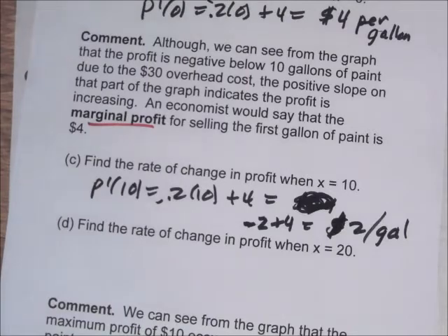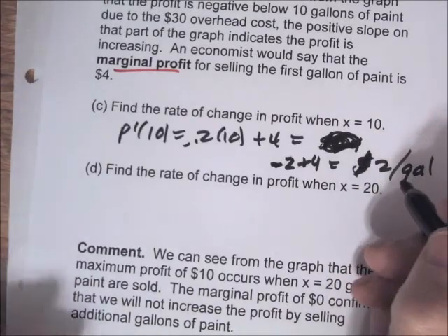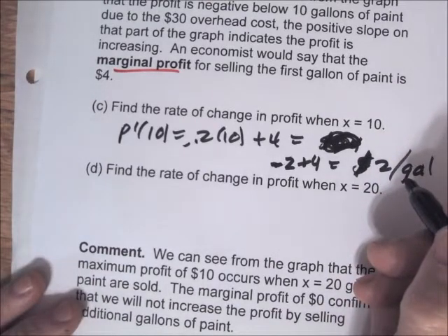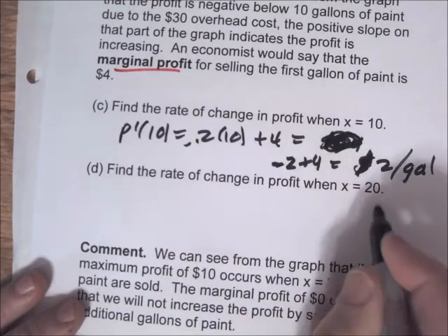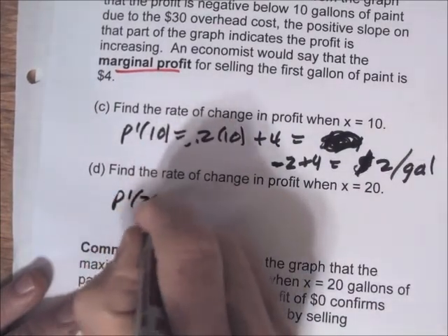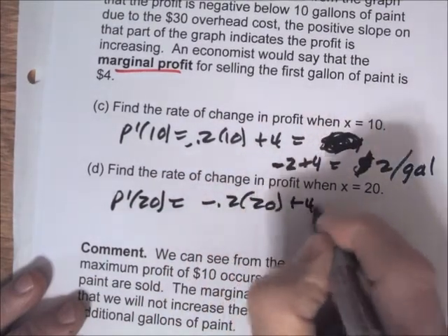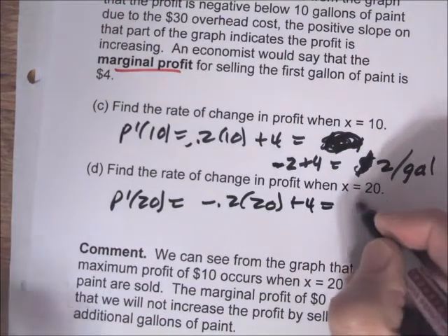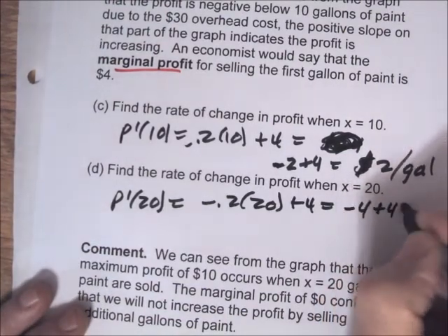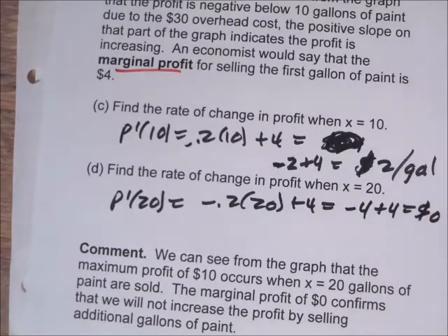Okay, and the rate of change when x is 20. That would be the marginal profit when they get up to 20 gallons. When x is 20, p prime of 20 is minus 0.2 times 20 plus 4, and that's going to be minus 4 plus 4, which is 0. So the marginal profit there is 0.